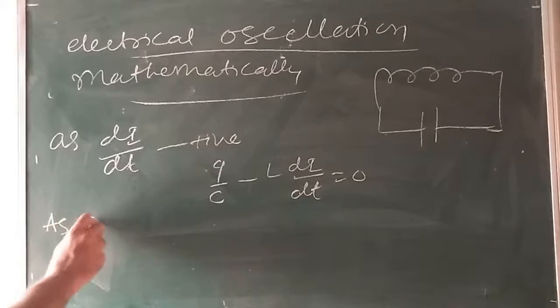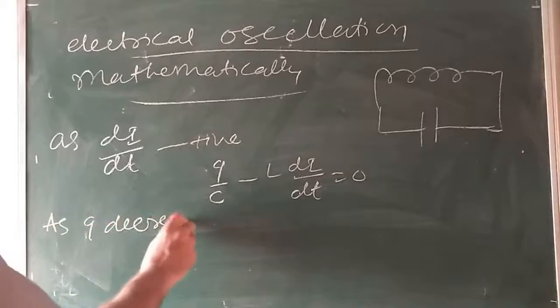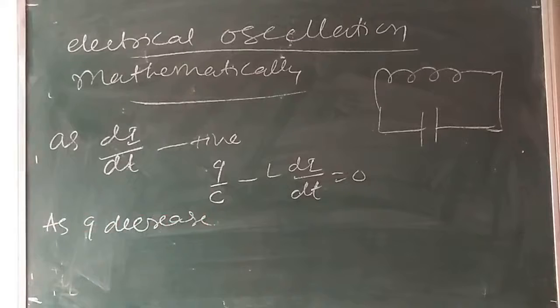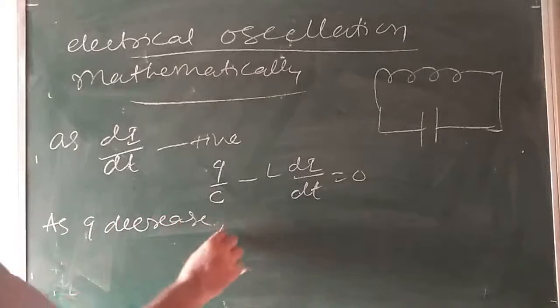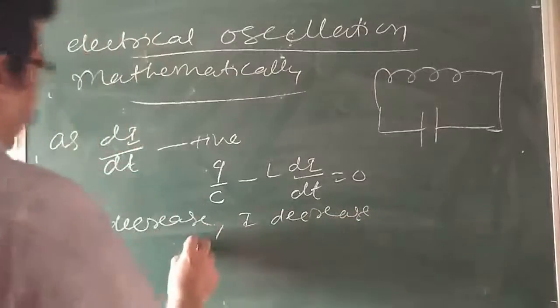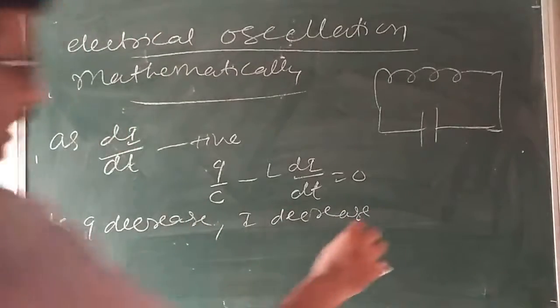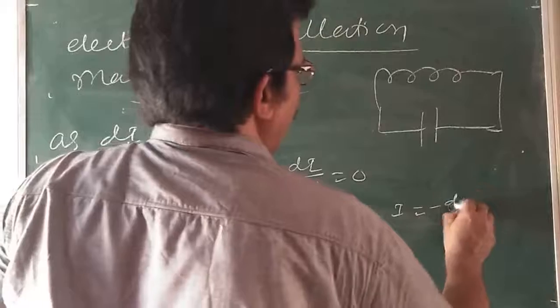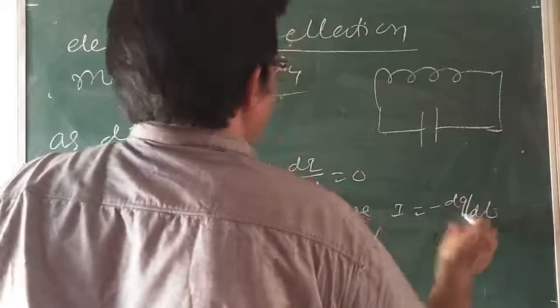As Q decreases, I can say I increases. I can write here I is equal to minus dq by dt. Put this value here.